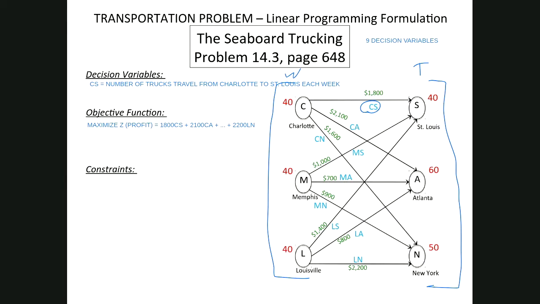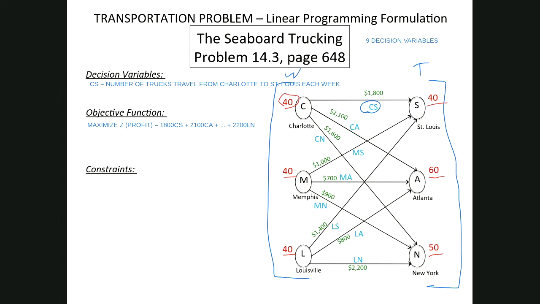At Charlotte, we can have at most 40 trucks leave Charlotte, at most 40 to leave Memphis, and at most 40 to leave Louisville. Alternatively, at St. Louis, we can have no more than 40 trucks come into St. Louis, no more than 60 come into Atlanta, and no more than 50 come into New York.